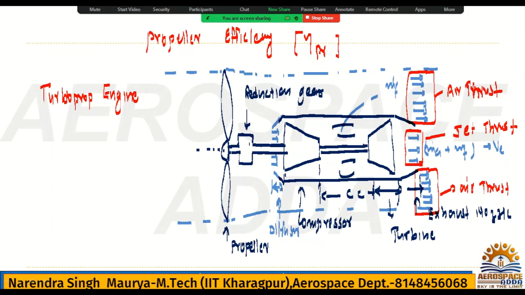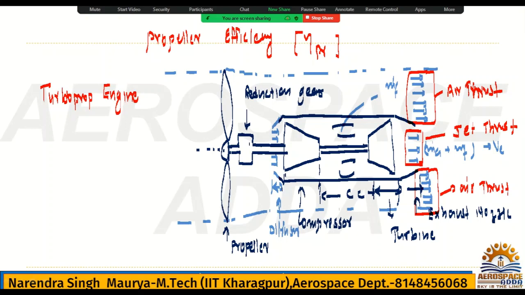For that reason, this turboprop will have a high propulsive efficiency. The advantages, as I told you, are for lower altitude and less speed this one is better, but the problem is that it cannot fly supersonic. Only for subsonic it is better.